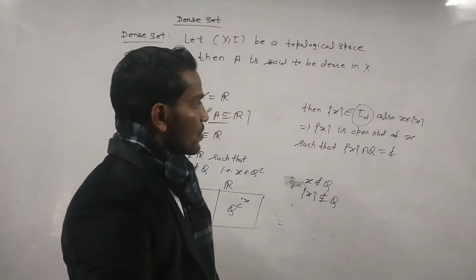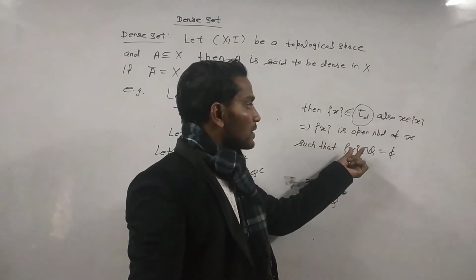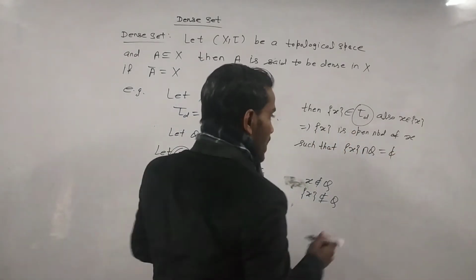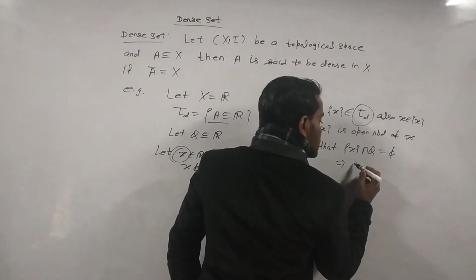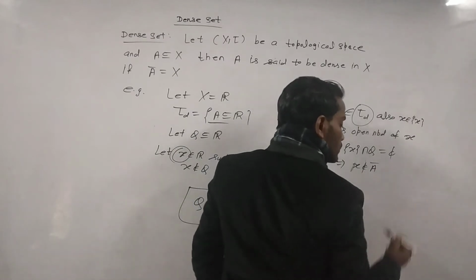This implies we have an open neighborhood of X such that the intersection of that open neighborhood with Q is empty. This implies X doesn't belong to Q closure.